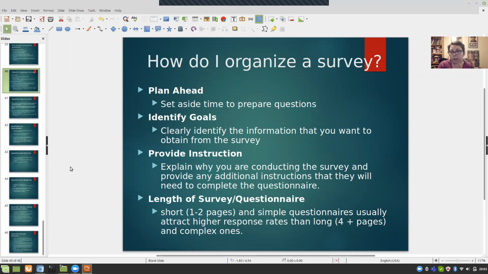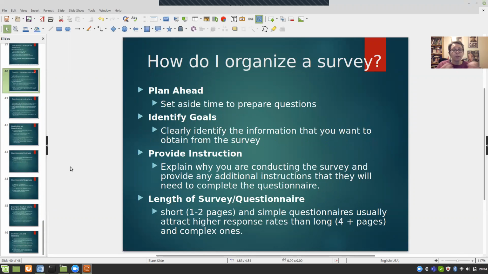So some of the things you need to think about if you are going to use survey as a method is that you're going to have a lot of time to prepare the questions and to test them out. As I mentioned before, you oftentimes don't know if your questions are effective or if you've got problems with them until you try them out. You want to be really clear with why you are doing the survey. Not for yourself and your grant proposal, but actually in the survey itself.